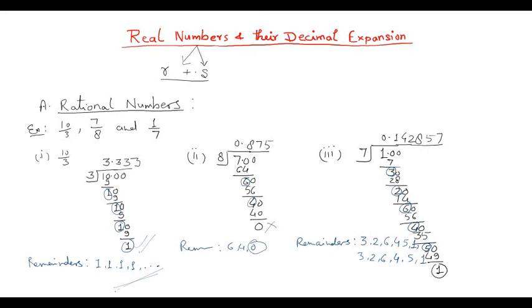Let's take the first condition, when the remainder becomes zero. Case 1.